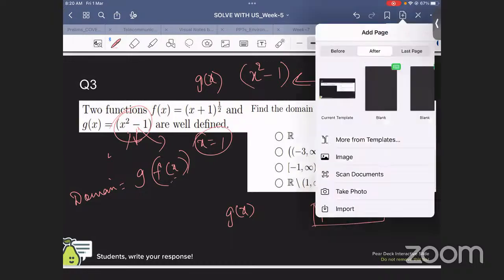I'll explain it again. See, what I said is, you were having some function f(x), and you have now g(x). So two steps you have to follow.